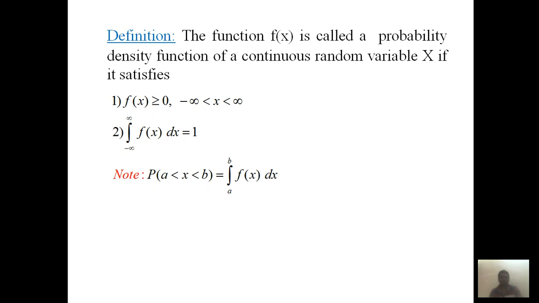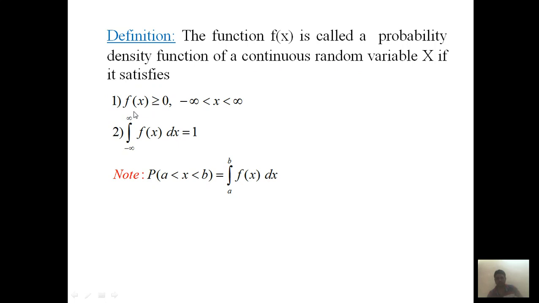Now the precise definition: any function f(x) is known as a probability density function of a continuous random variable X if it satisfies two conditions.